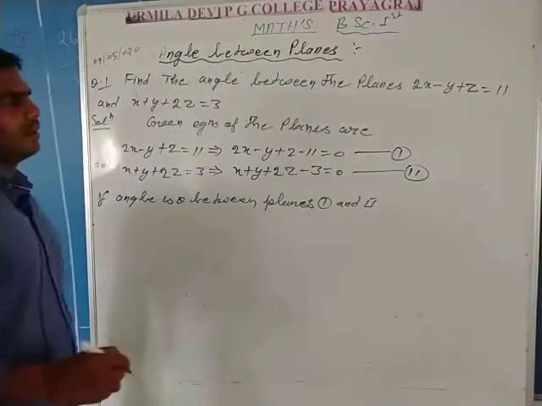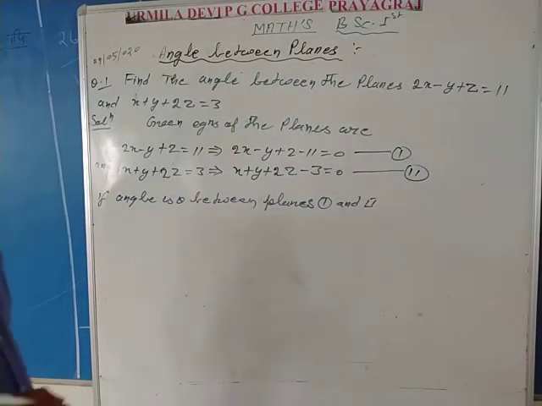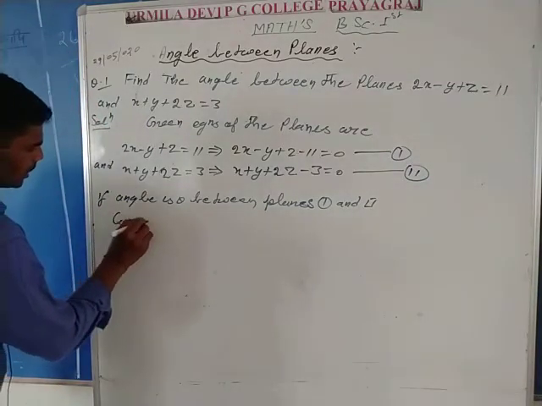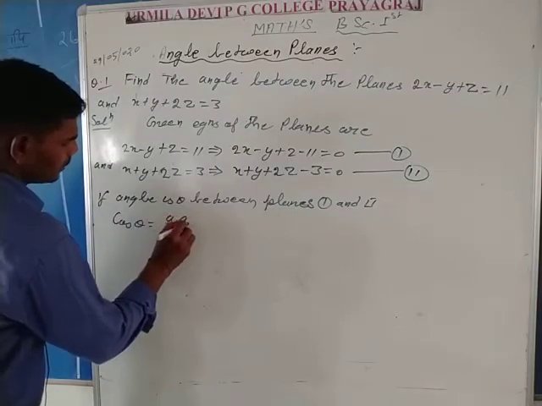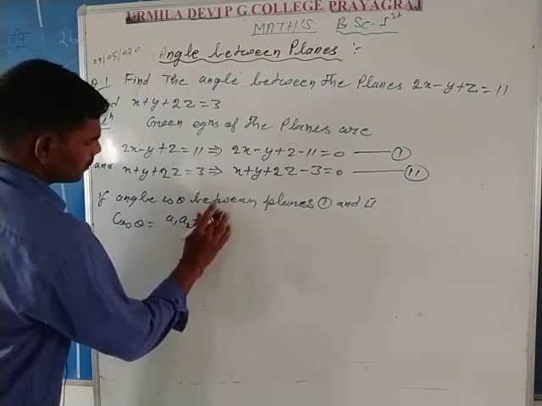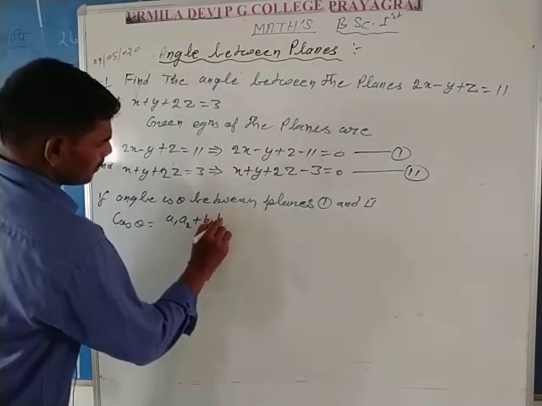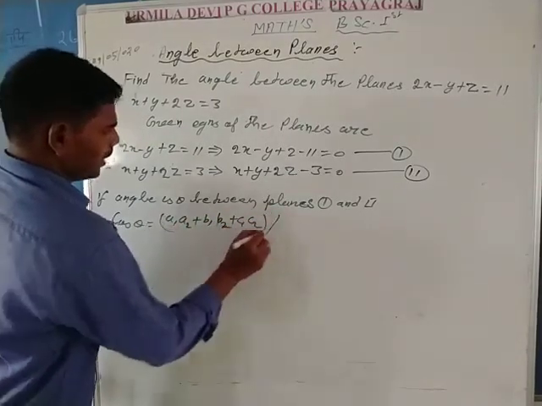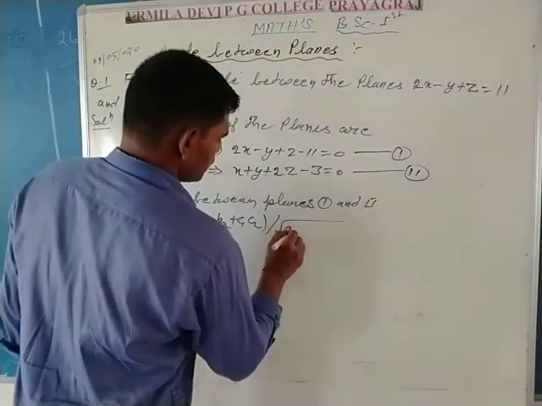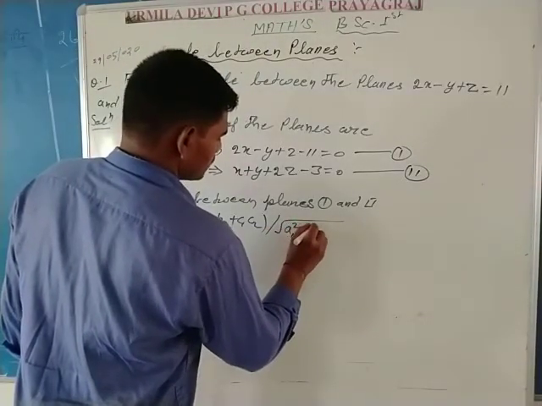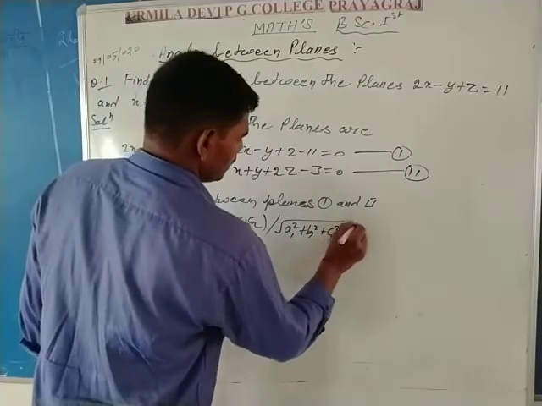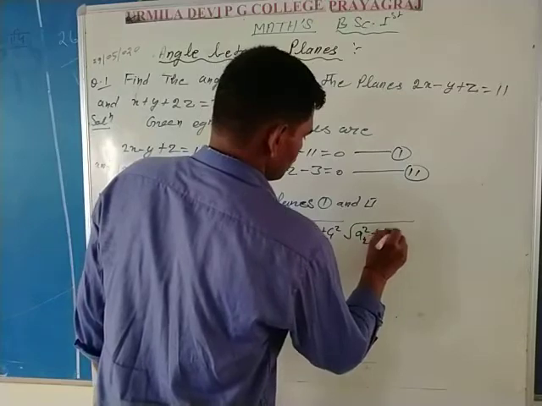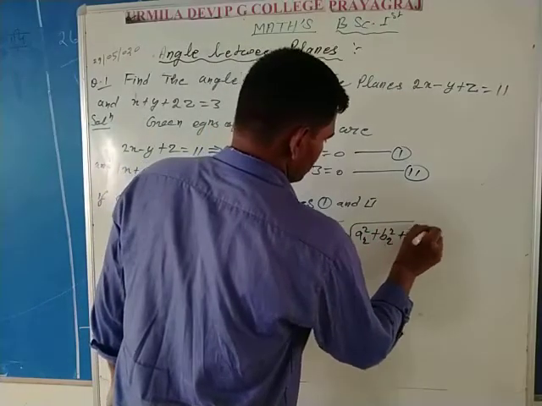Then from the first article you can use directly the formula cos theta is equal to a1 a2 plus b1 b2 plus c1 c2 divided by under root of a1 square plus b1 square plus c1 square and under root of a2 square plus b2 square plus c2 square.